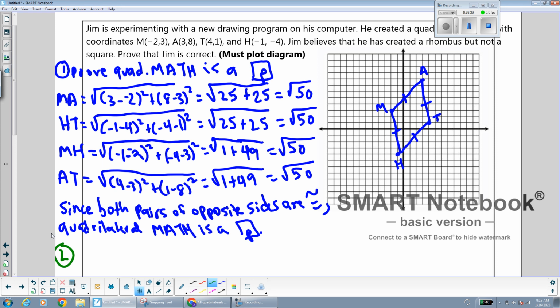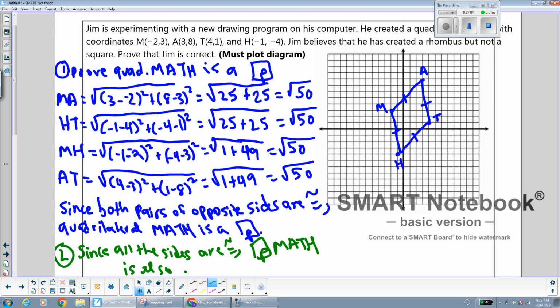Since I already have all the work for that from part one, I can just make a new concluding statement to justify that. So I'm going to write, since all the sides are congruent, parallelogram MATH is also a rhombus.